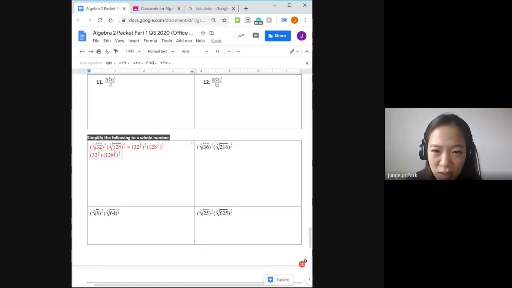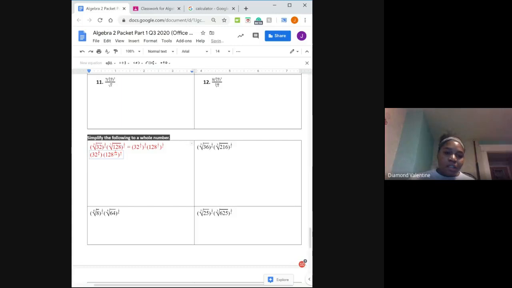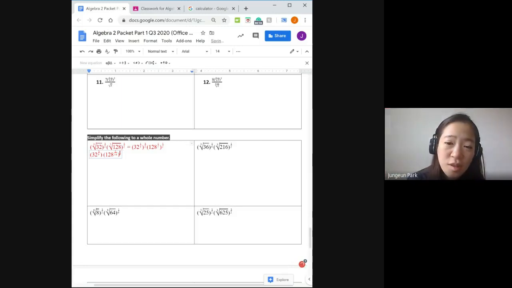The questions have not just simplify them, but also we need to answer it as a whole number. So I think now I cannot simplify anymore, right? Yes. So what I can do is use the calculator to do this.